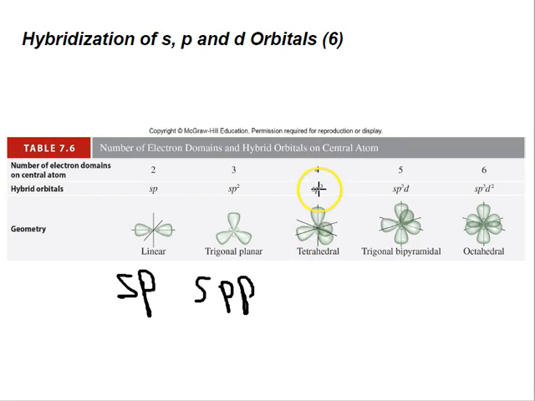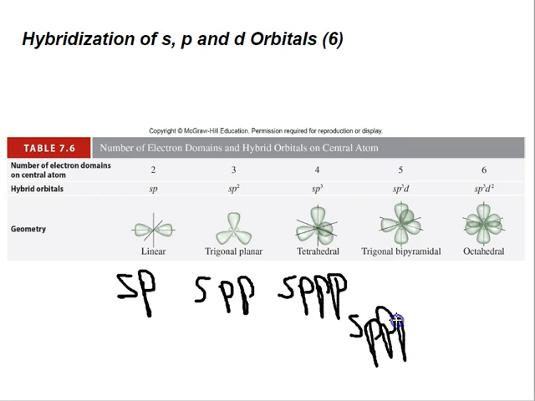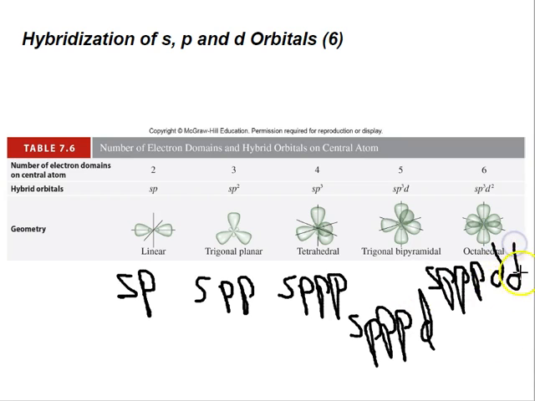For 4, we should have 4 letters, which would be S, P, P, P. 4 letters, 4 groups attached. And then this would be 5 letters and 6 letters. We'll just draw these out. This would be S, P, P, P, D. And then the last one, S, P, P, P, D, D. So that would be 6 letters.